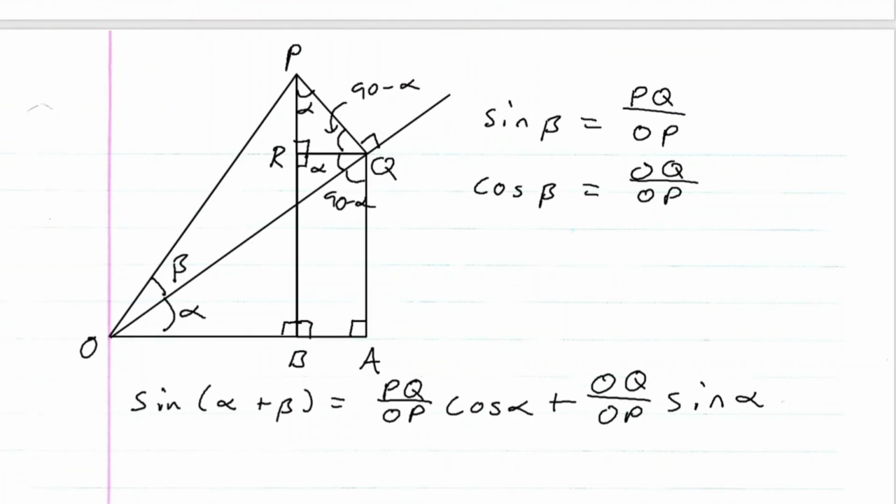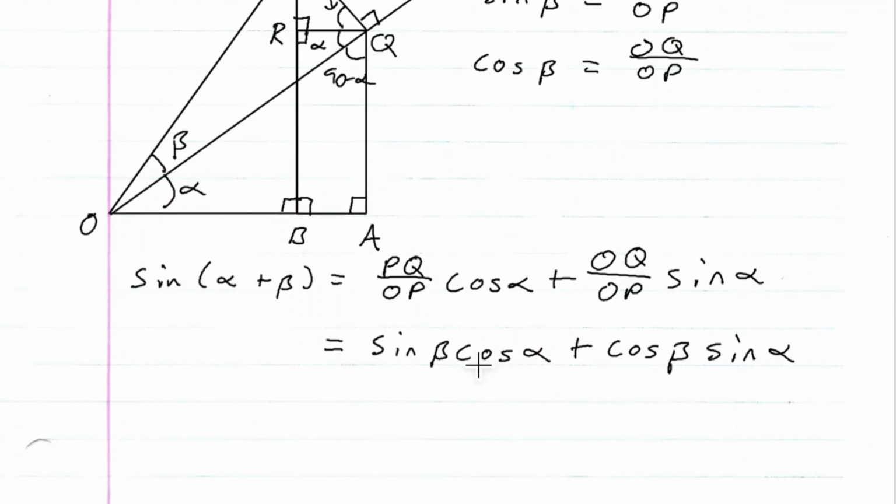And now we know this is equal to sine beta cosine alpha plus cosine beta sine alpha.